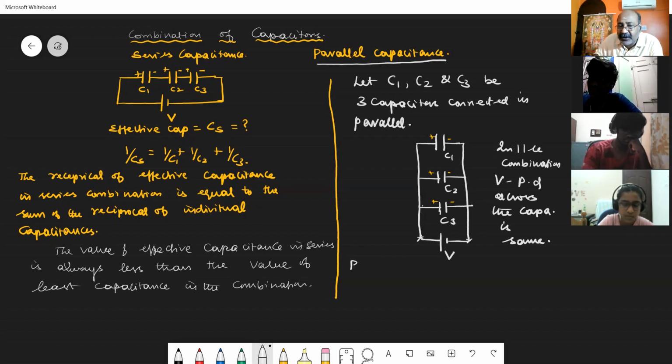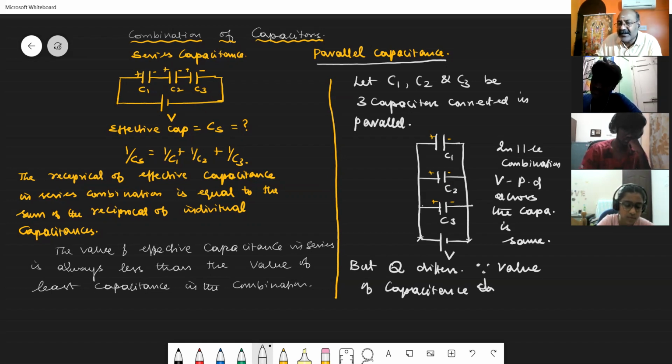But what will happen to the charge available? The charge differs. Why does the charge differ? Since the value of capacitance differs.